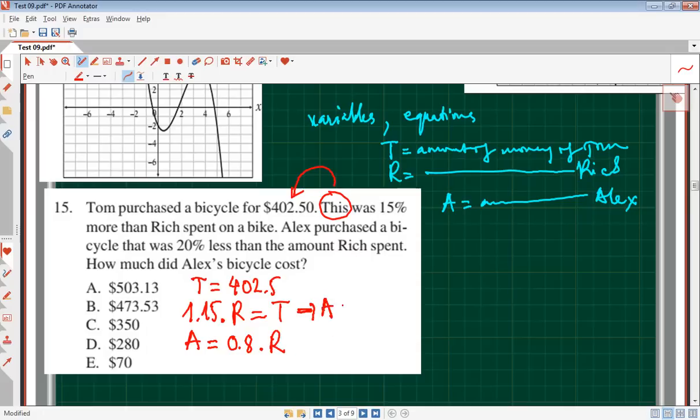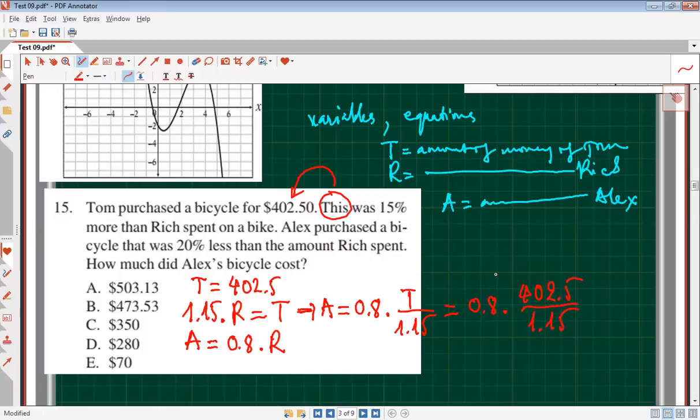Hence, we have A equal to 0.8 times T over 1.15, equal to 0.8 times 402.5 over 1.15.